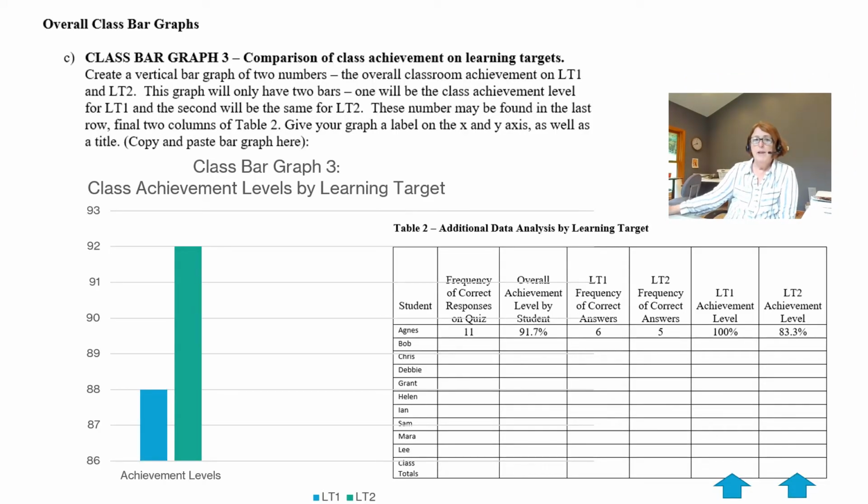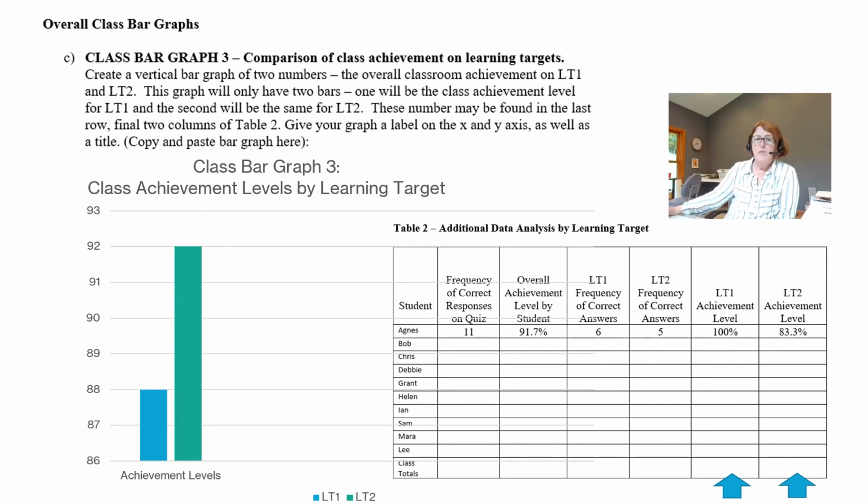The third graph is called Class Bar Graph 3, a comparison of class achievement on learning targets. This is a little different. This is not by student, and these numbers haven't been given to you. They're just numbers I made up for the purposes of this demonstration. But you should have calculated those numbers in Part 1.